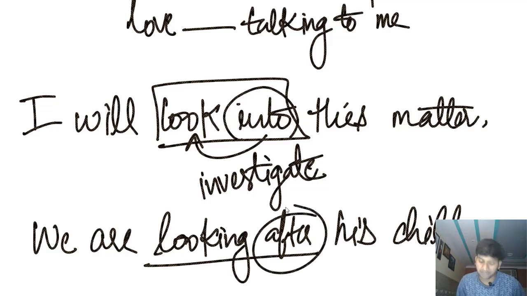Now if you take this preposition out of this expression, it will not give the same meaning. It will be ungrammatical. We are looking his child. That is not a correct sentence, right? You cannot look a child. You can look at a child. So here after is a complement to the verb looking. So this is what a verb complement is. Generally an object comes right after the verb, right? Can be a preposition in a phrasal verb.